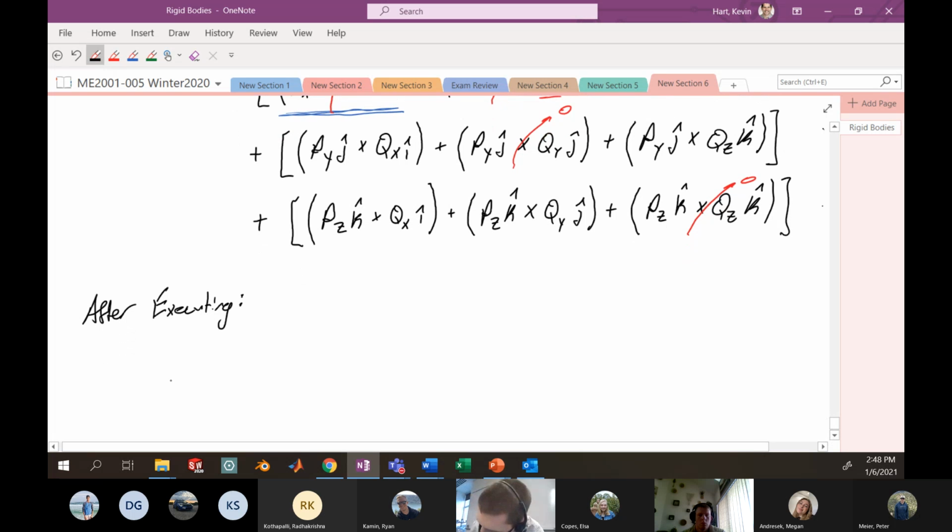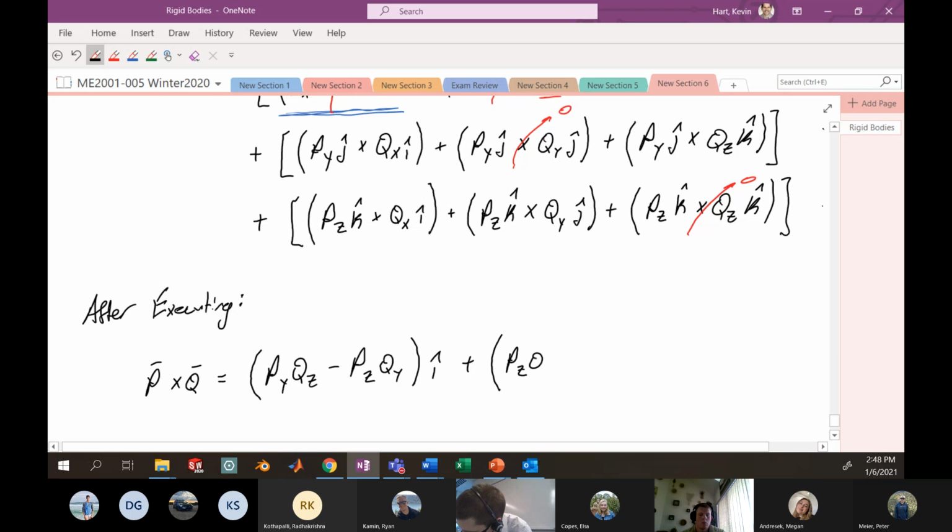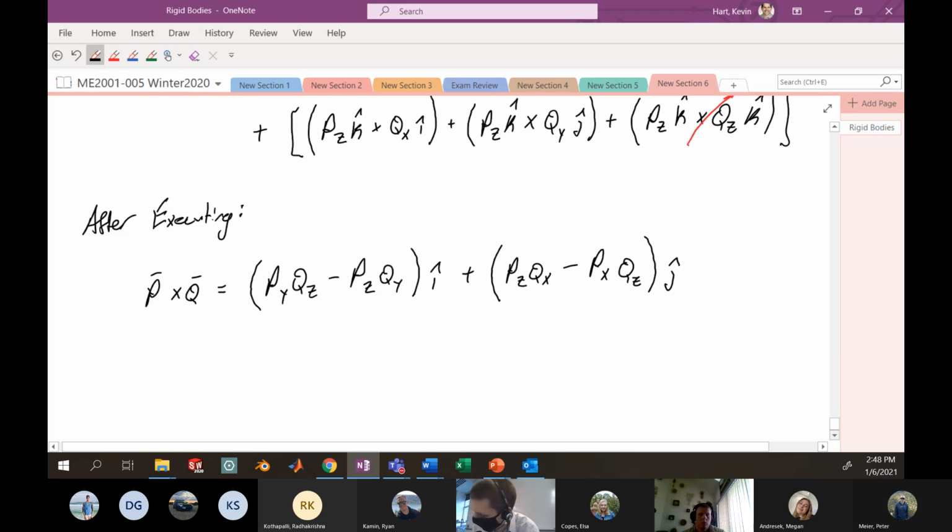Your resultant, P cross Q, will look something like PyQz minus PzQy in the i hat plus PzQx minus PxQz in the j hat plus, here we have PxQy minus PyQx in the k hat.